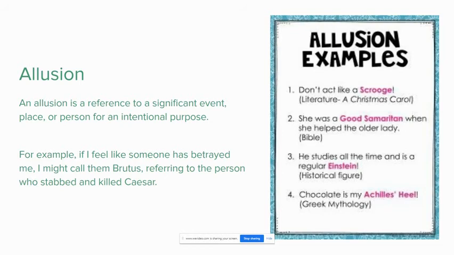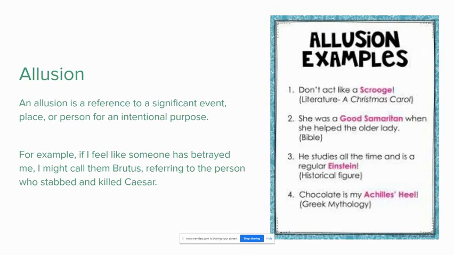And Brutus ended up killing Caesar in order to overthrow him, and a bunch of other people wanted to overthrow Caesar on the throne. Caesar didn't even see it coming because he trusted Brutus. So if I were to call one of my friends Brutus, I don't have to explain how I feel about that friend. By just using the name Brutus, I am saying that this person has betrayed me, they have backstabbed me, and I trusted them.